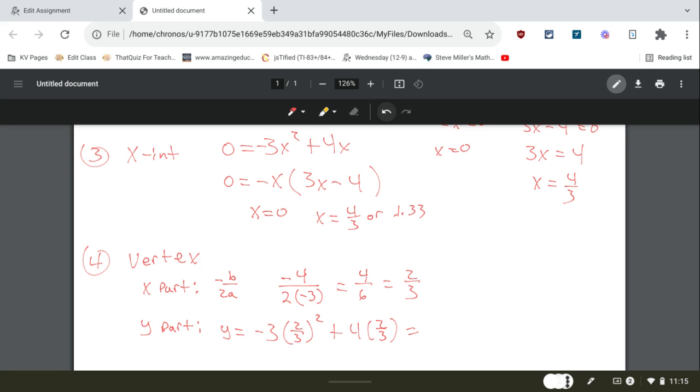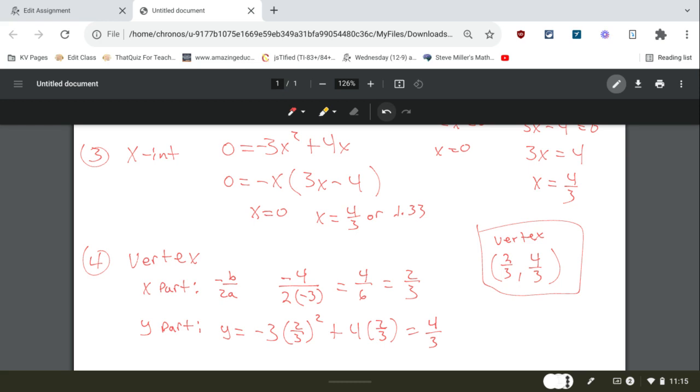Let me do that. And this is all going to come out to positive 4/3. So my vertex is going to be 2/3, comma, 4/3. That's my vertex.